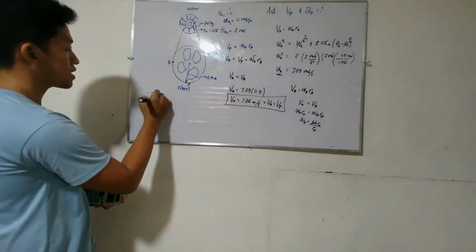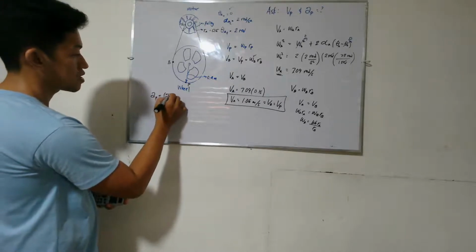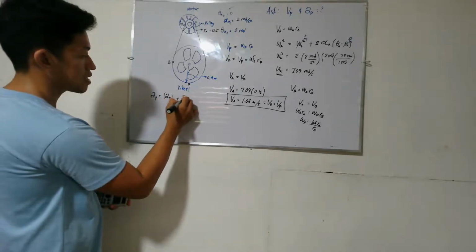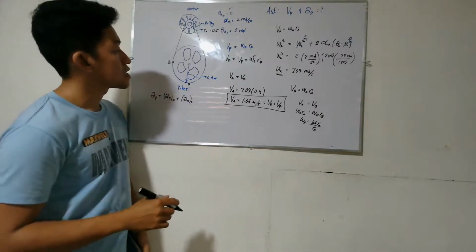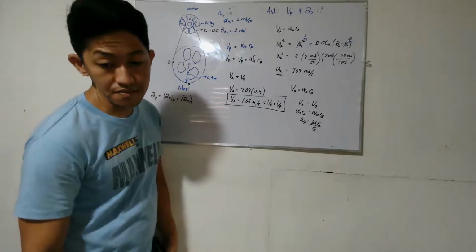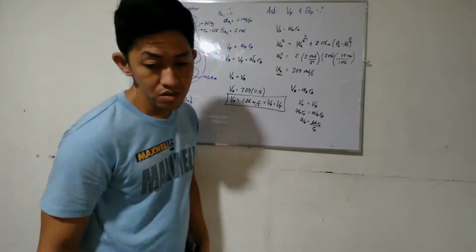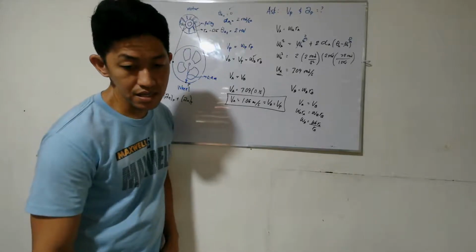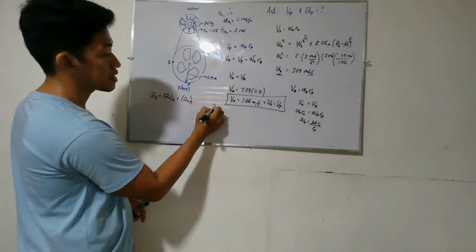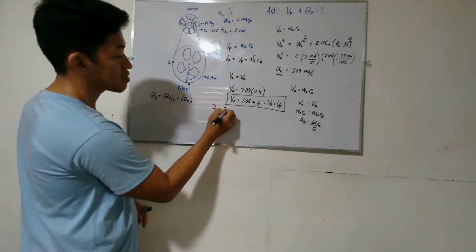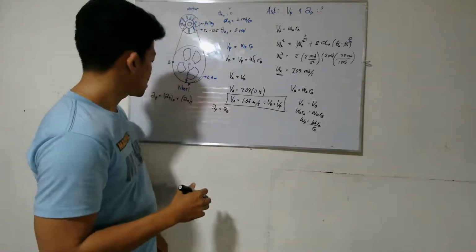Acceleration of point P is just equal to tangential acceleration of P plus the normal acceleration of point P. Okay, as I have said, acceleration of point P is just acceleration of B, since again they have the same radius.